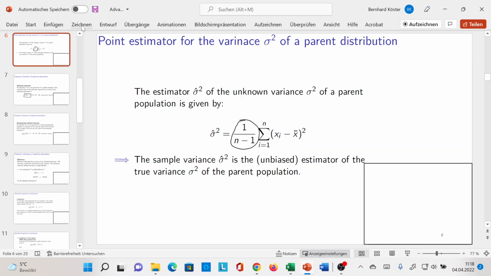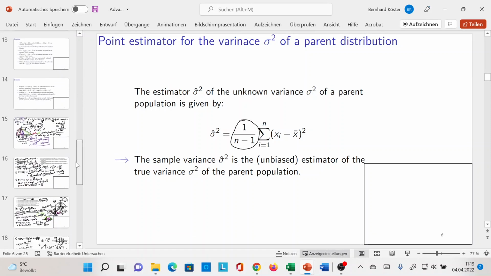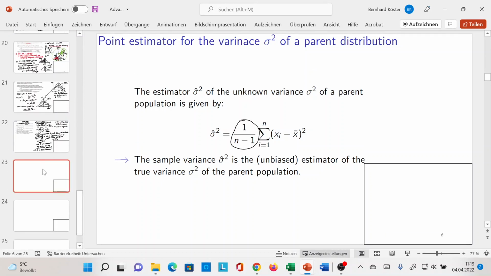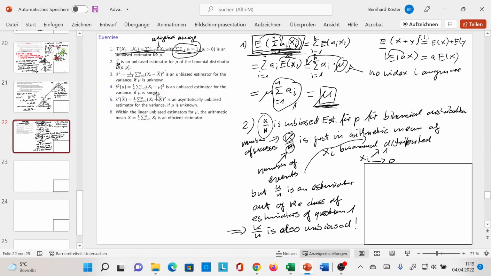And the reason for this is that with this factor 1 over n minus 1, we obtain an unbiased estimator for the variance. And this is the third question.